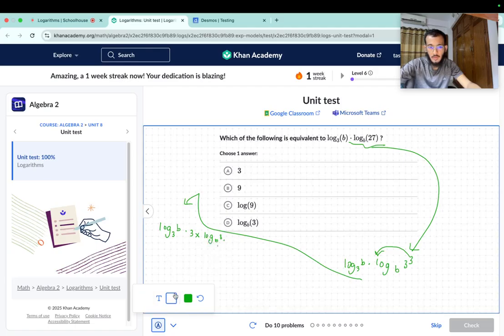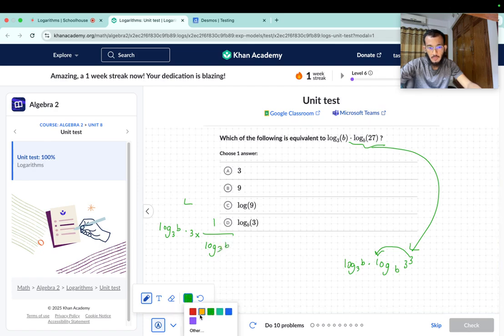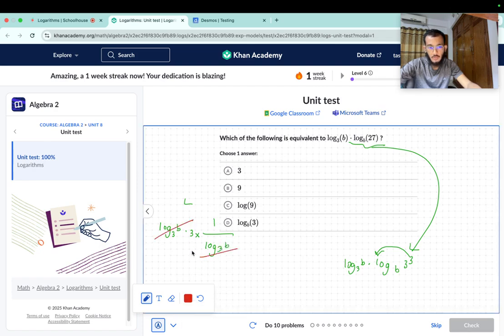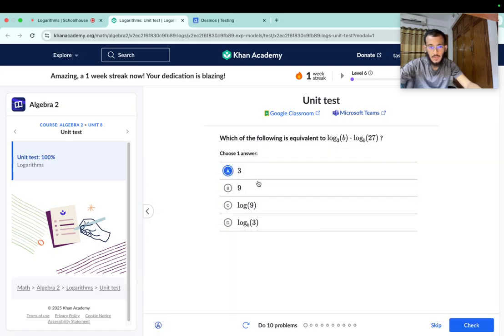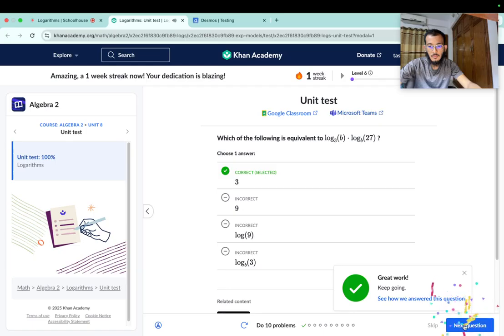So instead of writing this, I'm going to write 1 upon log, because it was 3 to base b, this becomes b to base 3. And now these two things cancel out each other, so we're only left with 3. So we can say A is the answer.